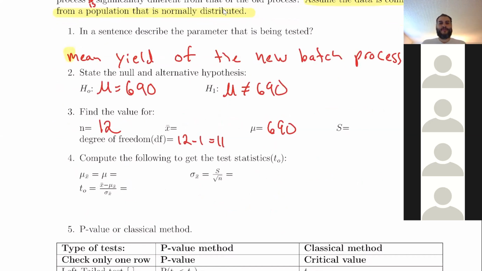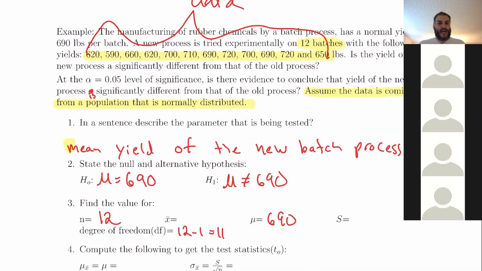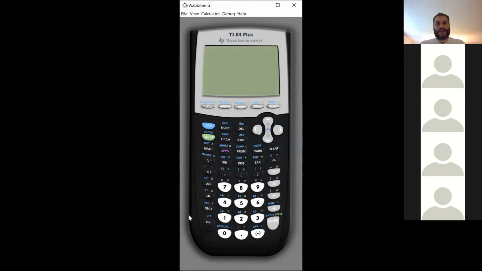All right. So right now we're gonna jump into the TI-84. So let's go to the TI-84. On the TI-84, we're gonna go to stats, go to edit, and edit L1. I'm gonna enter the 12 data values. The first one was 620. The second one was 590.